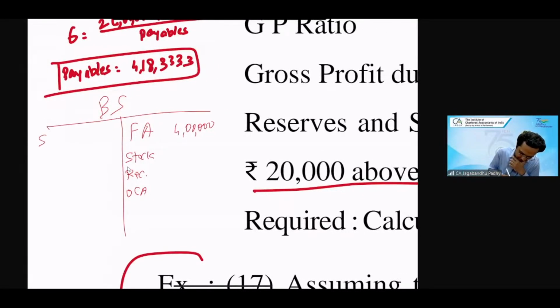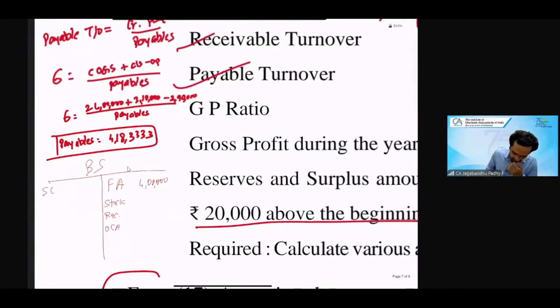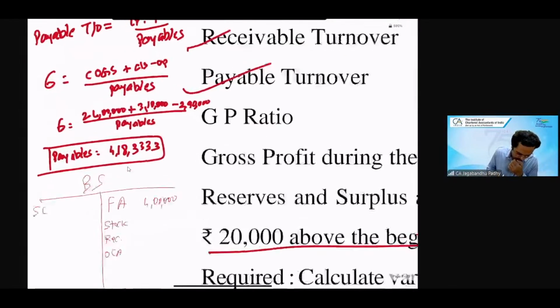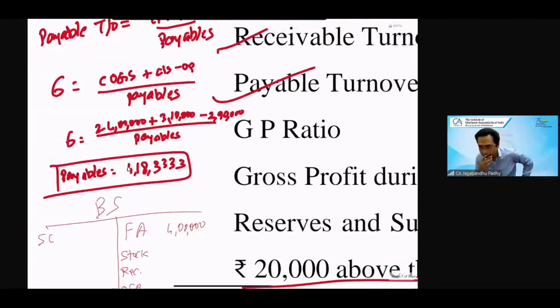Sir, please check the payables once more. Payables. Yes, sir. 4 lakh 3,000. Okay. 3,333.